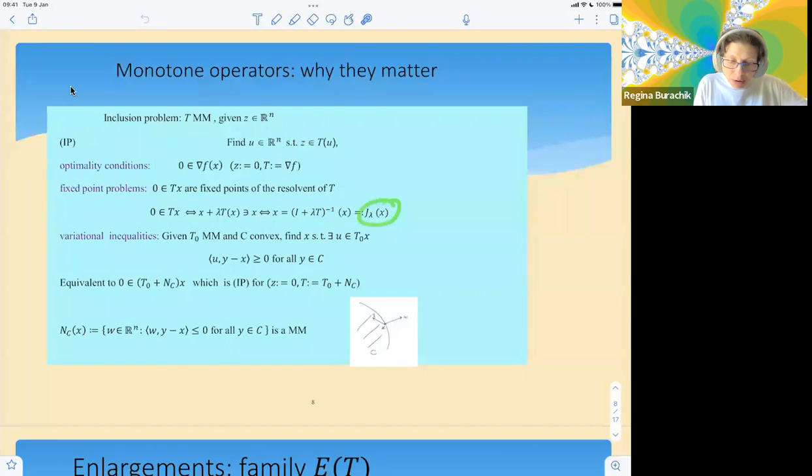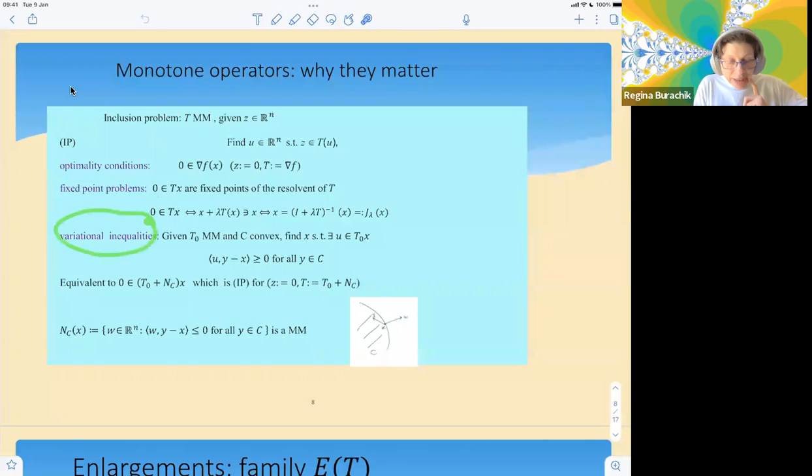If you call this operator the resolvent of T, where lambda is positive, every fixed point of the resolvent corresponds to a zero of T. So fixed point problems are inherently connected with this type of inclusion problems.